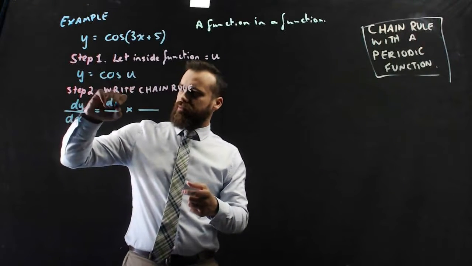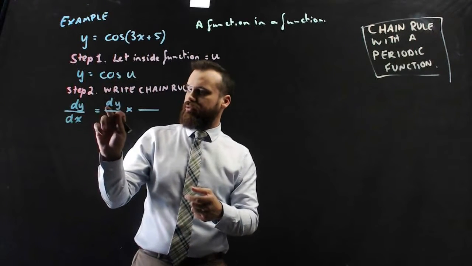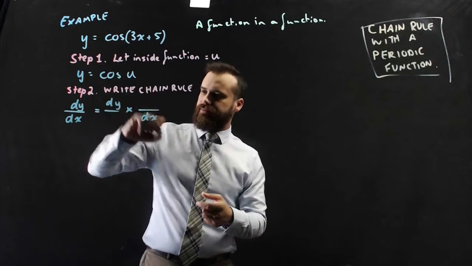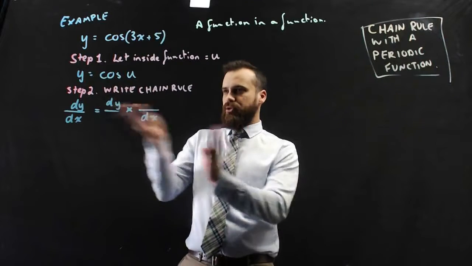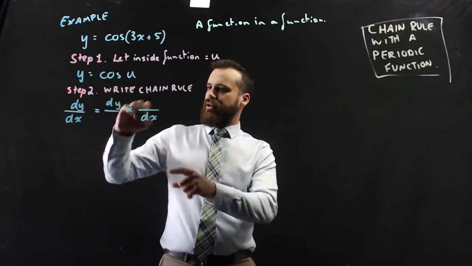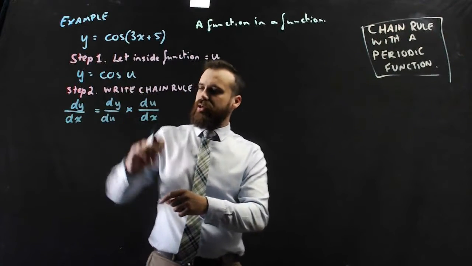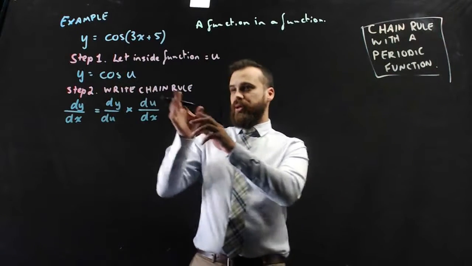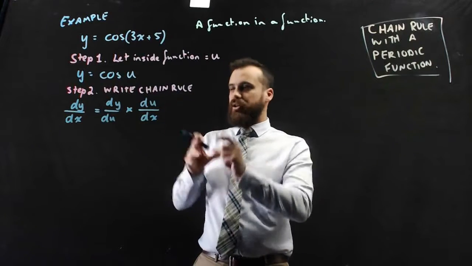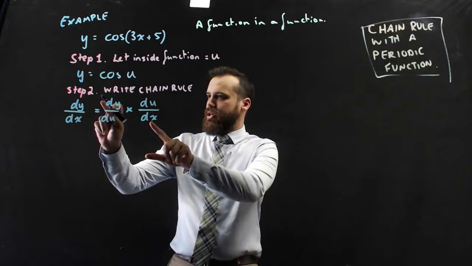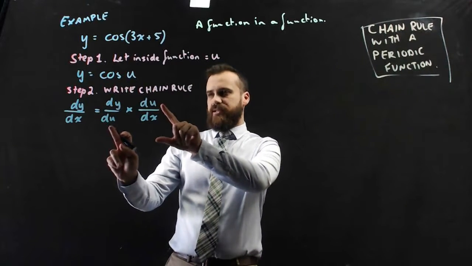I'm just going to take that dy and write it here, and write this dx down here. And so when we multiply through, if I write du here and du here, we're going to have du top and bottom, and they're going to kind of cancel out. So that's how you write dy dx, and then the du's in the spaces.